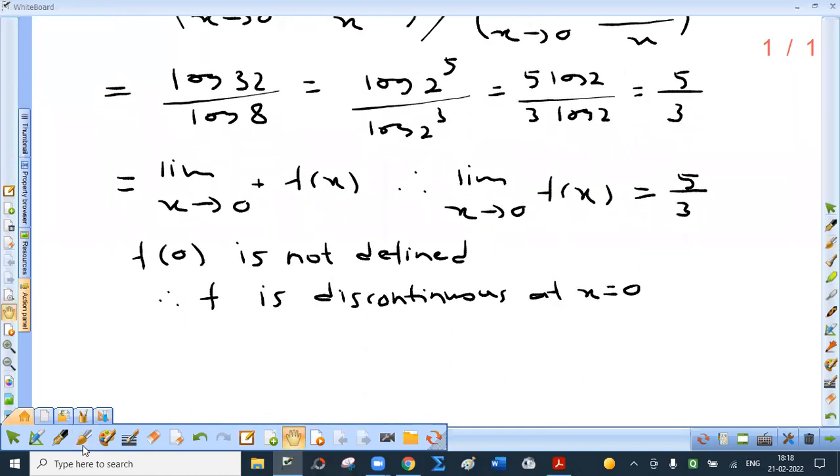Okay, what about the type of discontinuity? This is removable because the limit exists. This is removable.